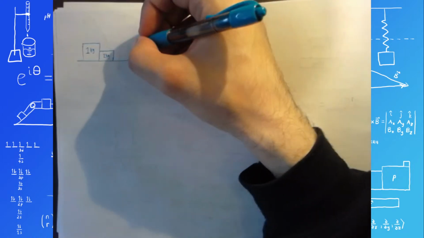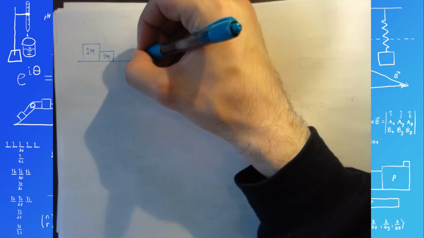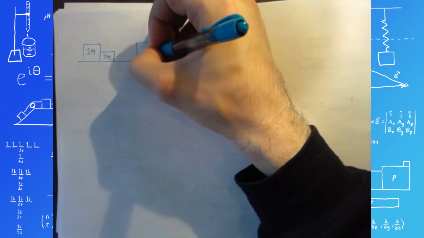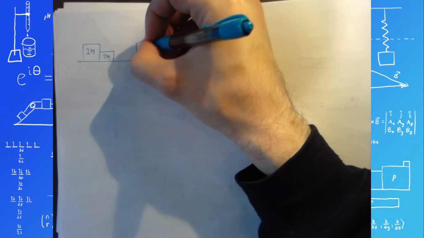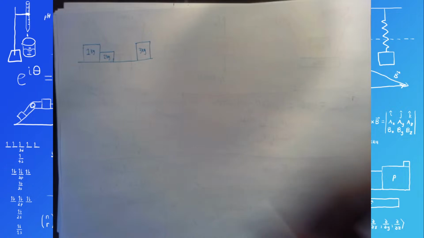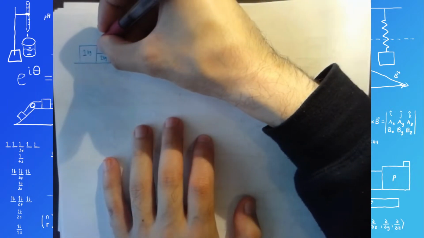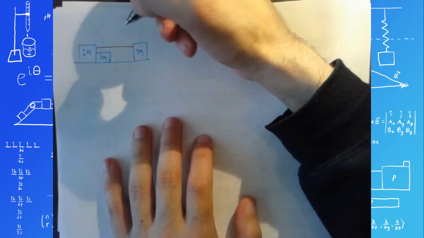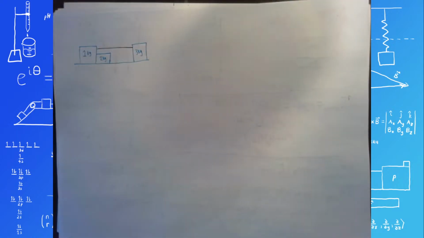And next to that is a 3 kilogram object. Well, not directly next to it, but up here is a 3 kilogram object. And it shows a rope connecting the 1 kilogram object to the 3 kilogram object. So there's a rope there.